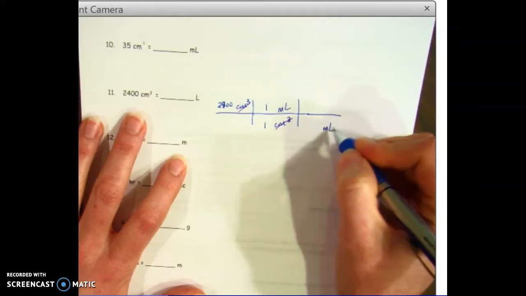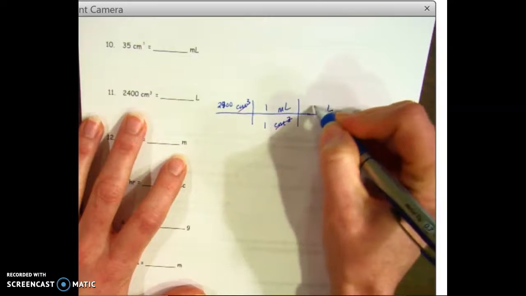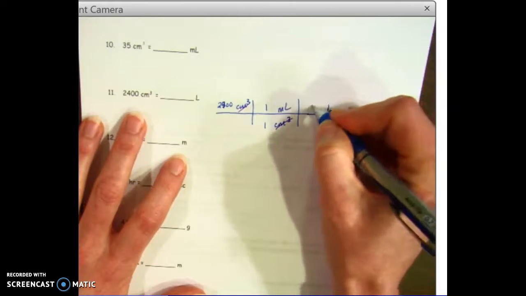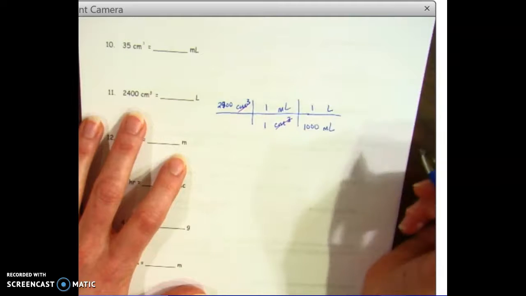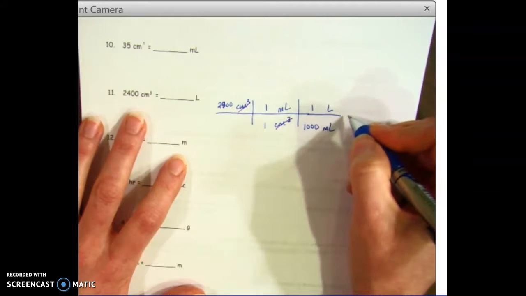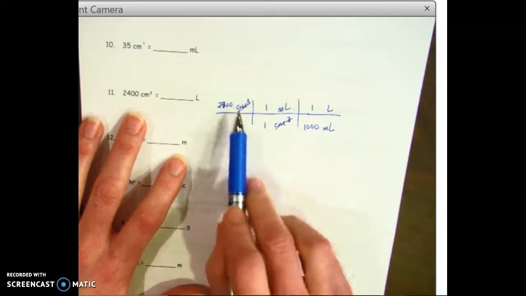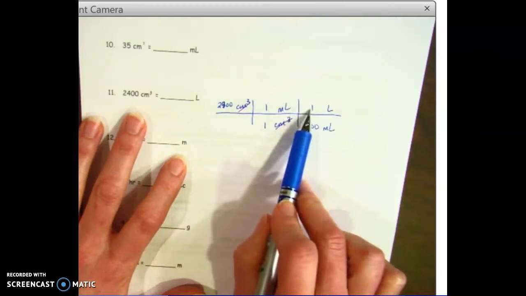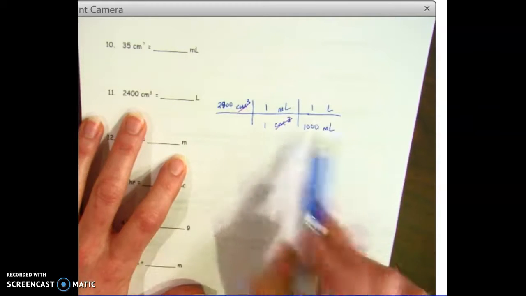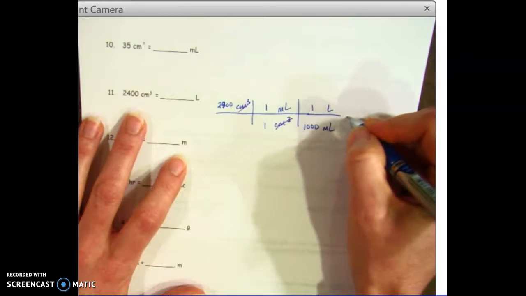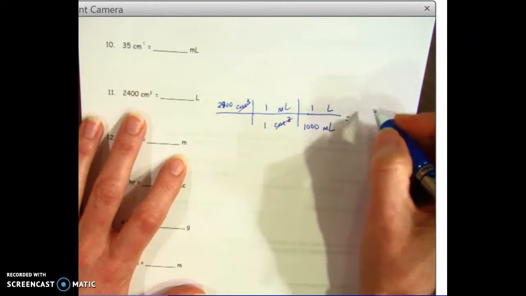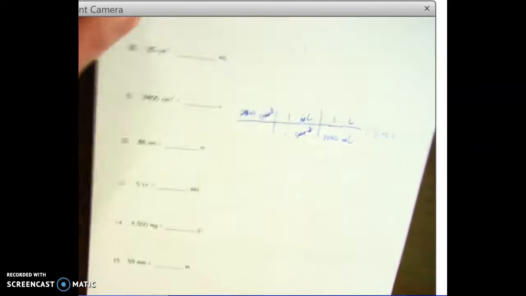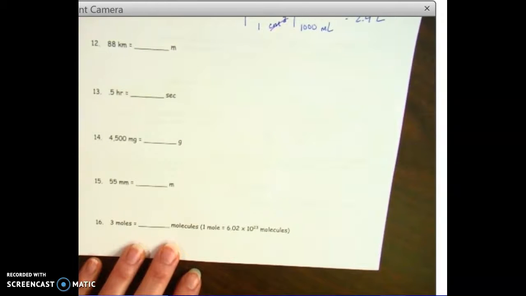I can convert milliliters to liters. A liter is larger, so 1 liter is 1,000 milliliters. And now I put in my calculator 2,400 times 1 times 1. You don't have to actually do that. Divided by 1 divided by 1,000. And that equals 2.4 liters.